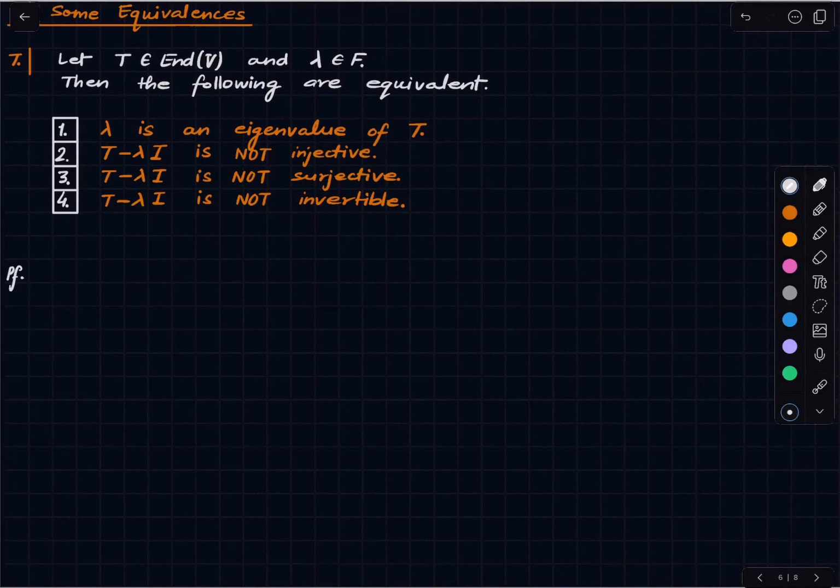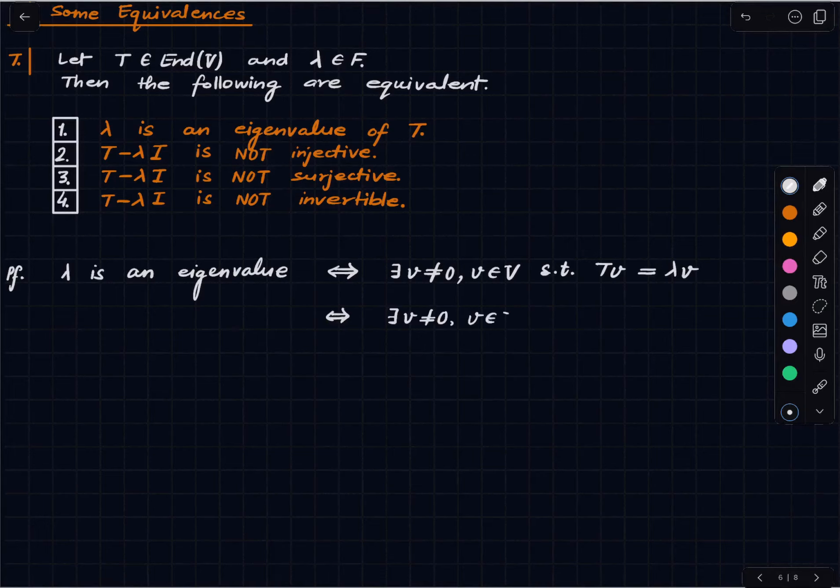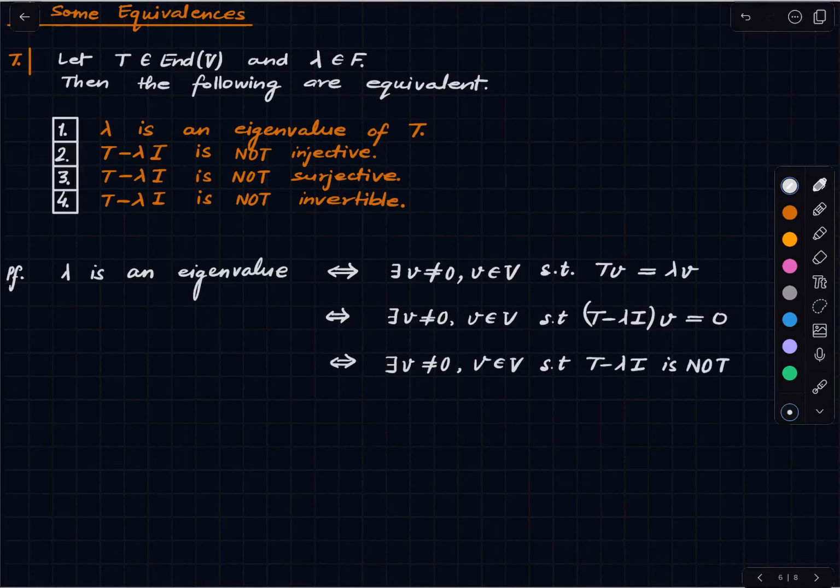So if lambda is an eigenvalue, then that's the same as saying that there exists some non-zero vector v in the vector space such that Tv equals lambda v, which is equivalent to saying that T minus lambda I kills v, which means T minus lambda I is not injective.